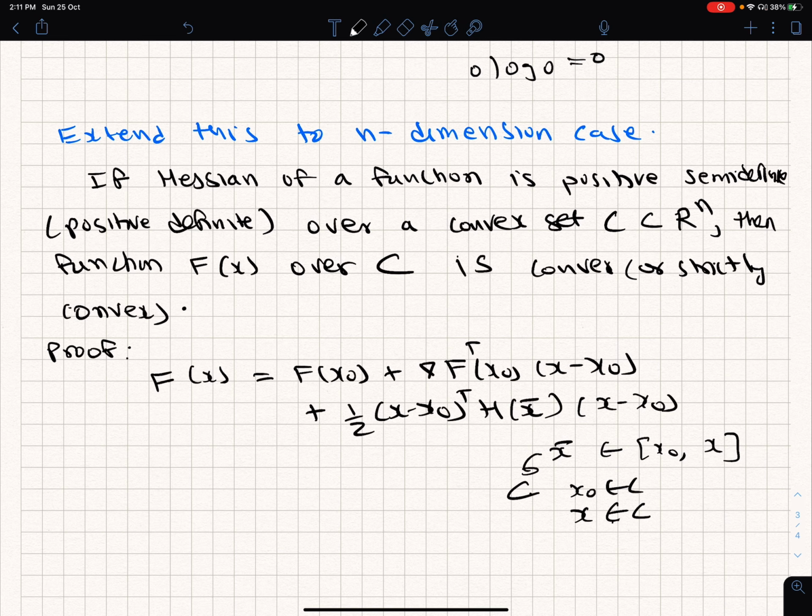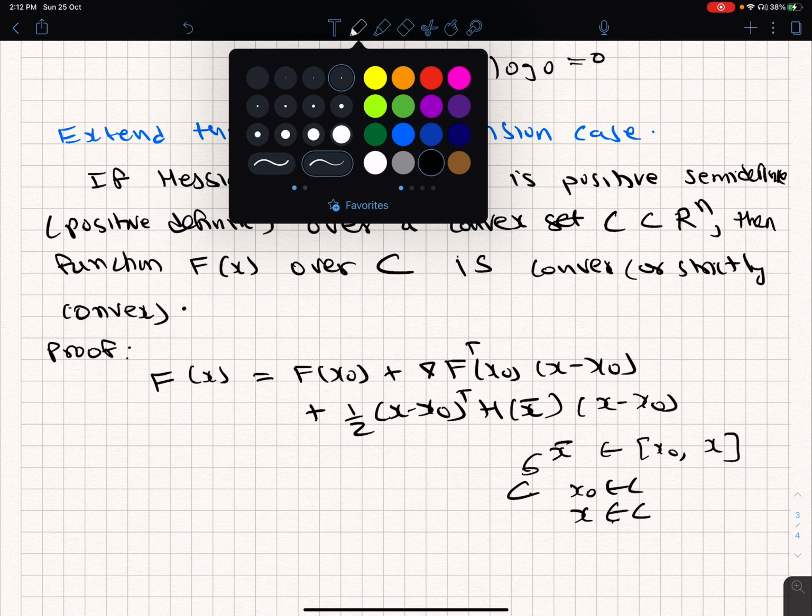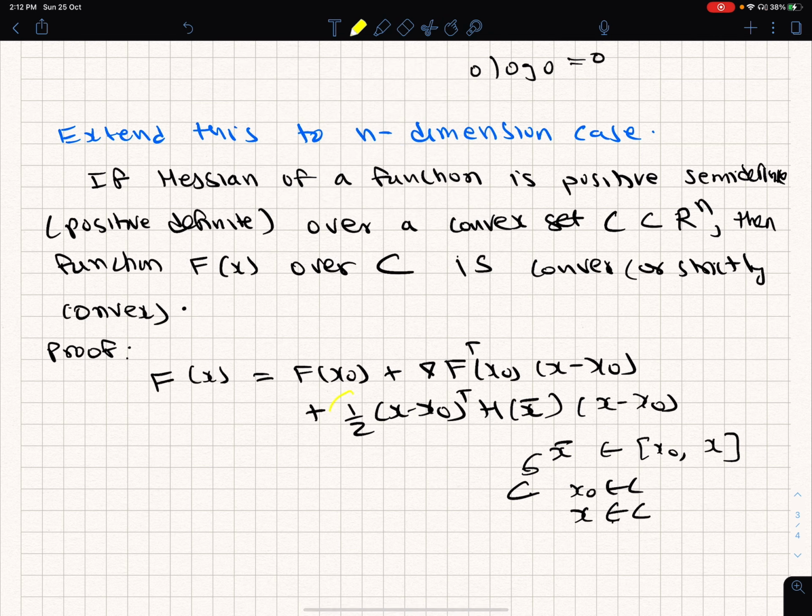So the Hessian at x bar is therefore a positive semi-definite matrix. Then this term is going to be greater than or equal to 0.